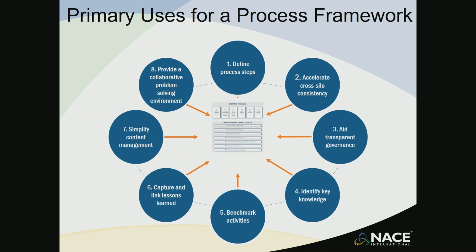This just shows the primary uses for a process framework. In the realm of Impact Plus, what we use a process classification framework for is to help us identify gaps in areas that aren't being addressed in terms of corrosion management. And I'll use the example that I just talked about a moment ago in developing human capital.